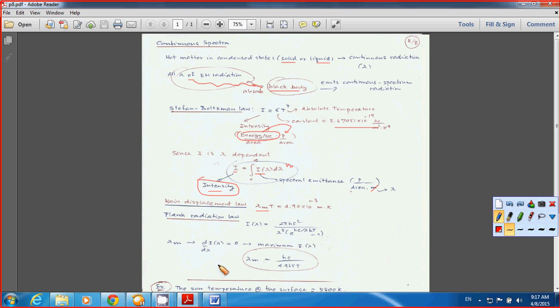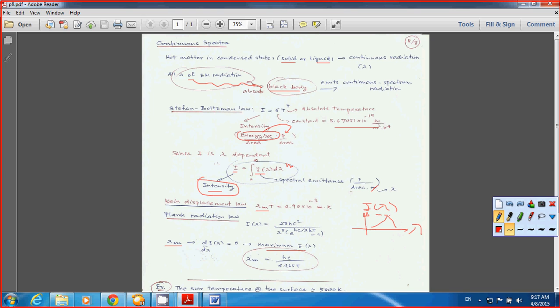To find lambda max, you need to differentiate I lambda with respect to lambda, correct? This is your I lambda, and this is your lambda. It's going to give a curve like this, with the maximum point. So you want to find the lambda max that gives you the maximum I lambda.